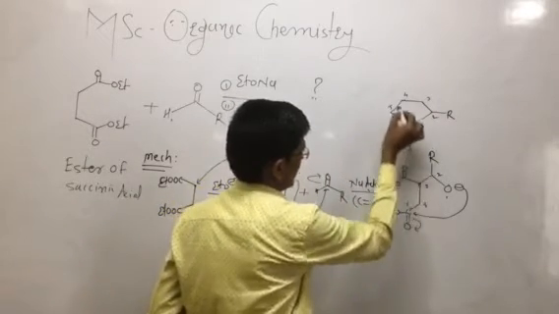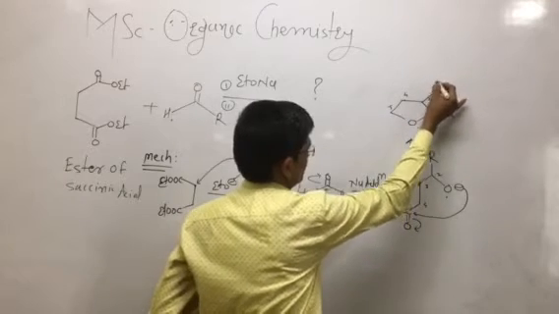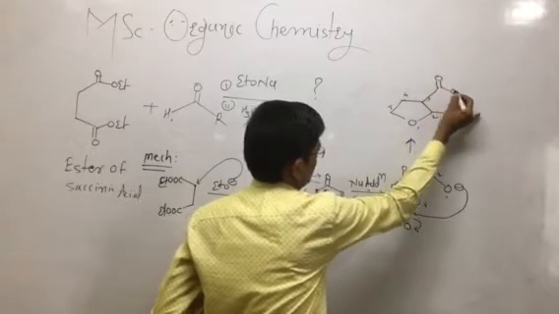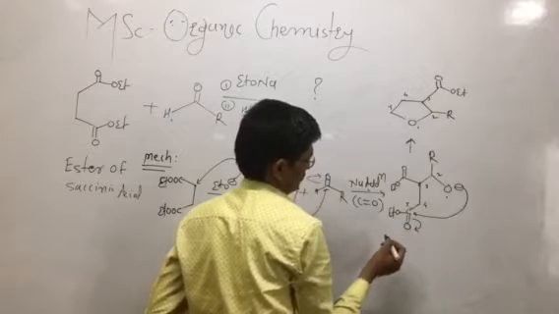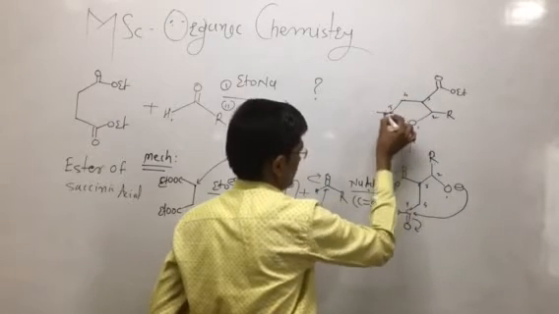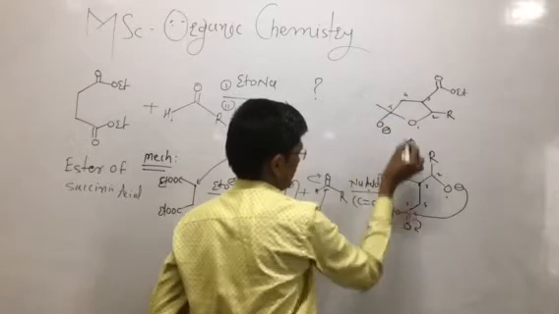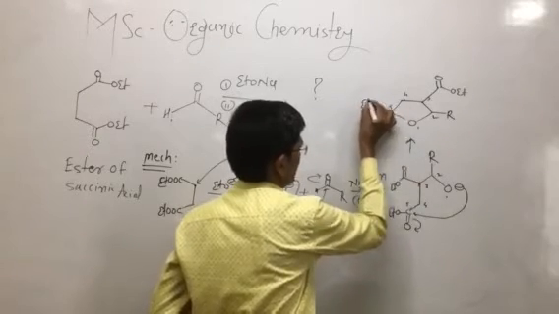So, these three carbon atoms, which is C double bond O, and this is an OEt, ester is here. This again, C here, CO negative, and here OEt.